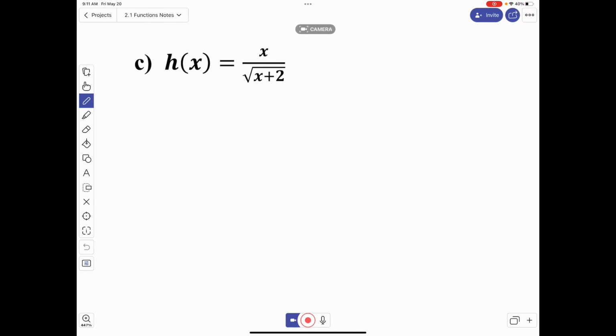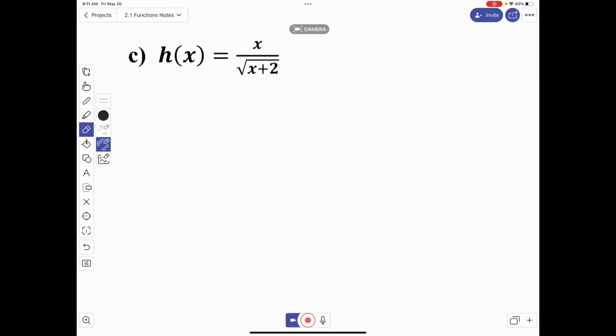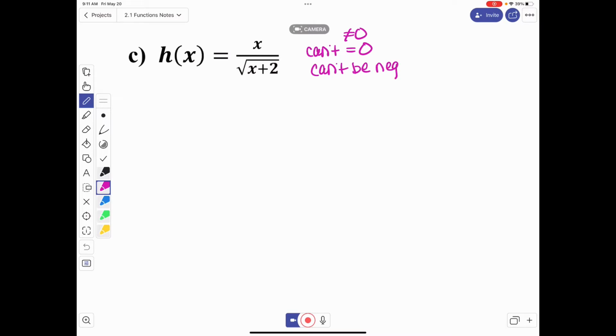All right, so for C, now on C, we have a fraction, so it can't equal 0, and you have a square root. Remember, square roots can't be negative. So we have two things going on here.